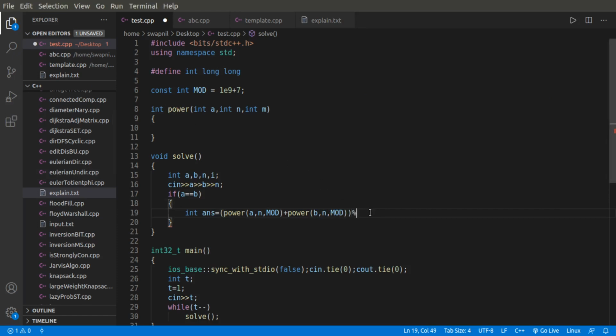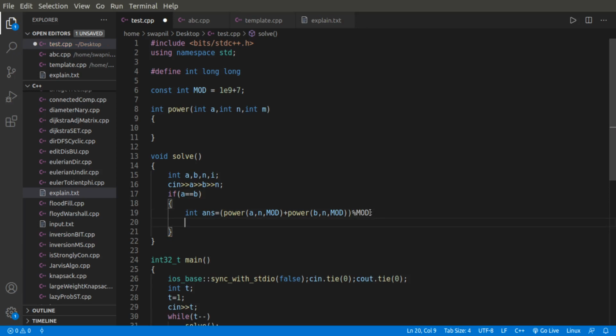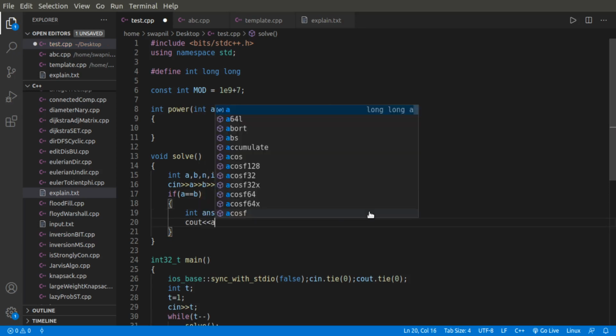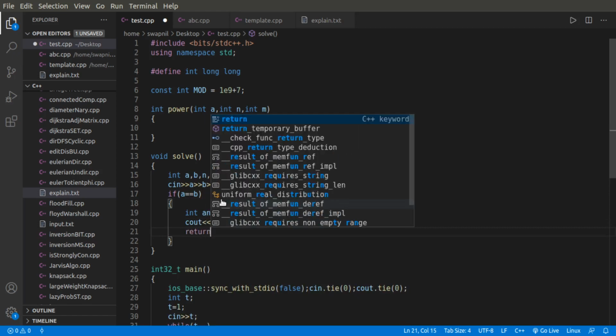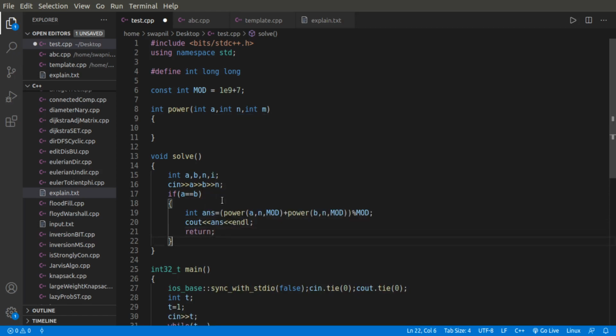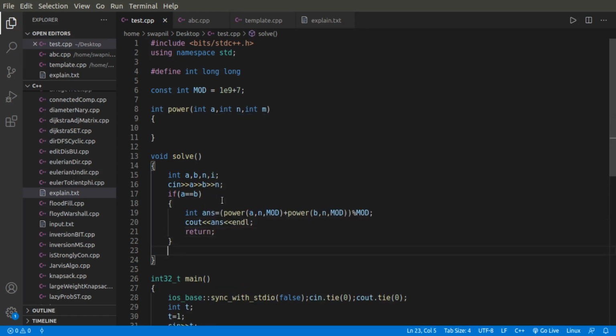And finally I will write it as modulus that term mod, and I will output this answer when my term 1 will vanish, which is nothing but when the case is a is equal to b, and I will return here, because we will have to terminate this function over here only.